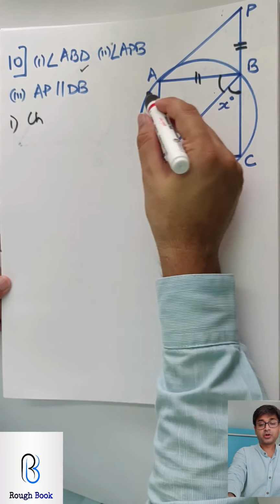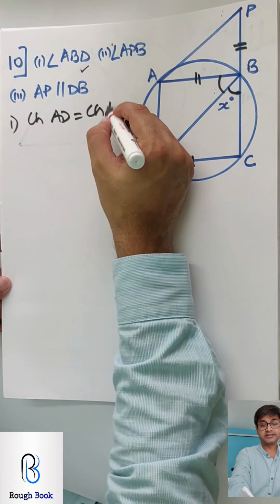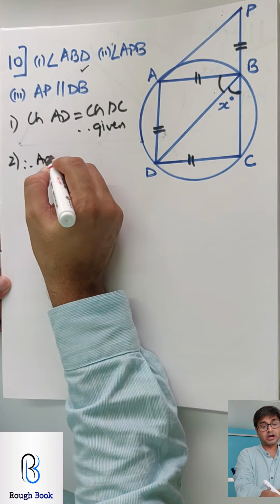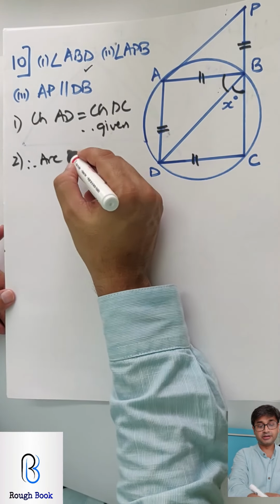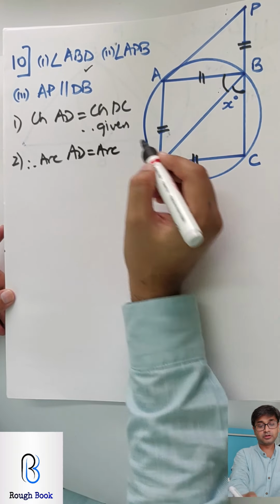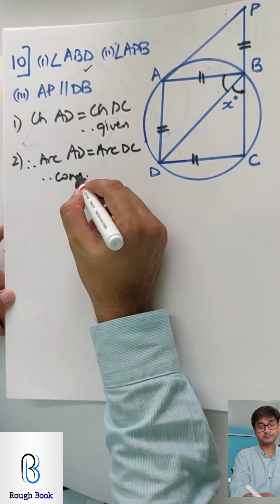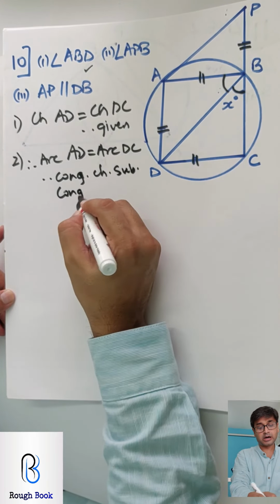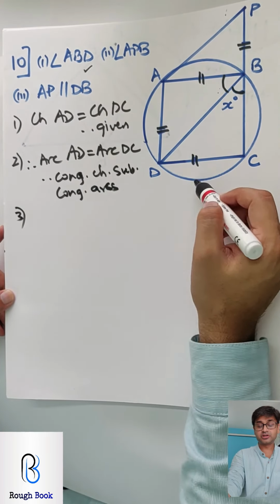So let's hit it. Chord AD equals to chord DC given, and therefore arc AD equals to arc DC. Congruent chords subtend congruent arcs. Further, so we got these 2 arcs equal.